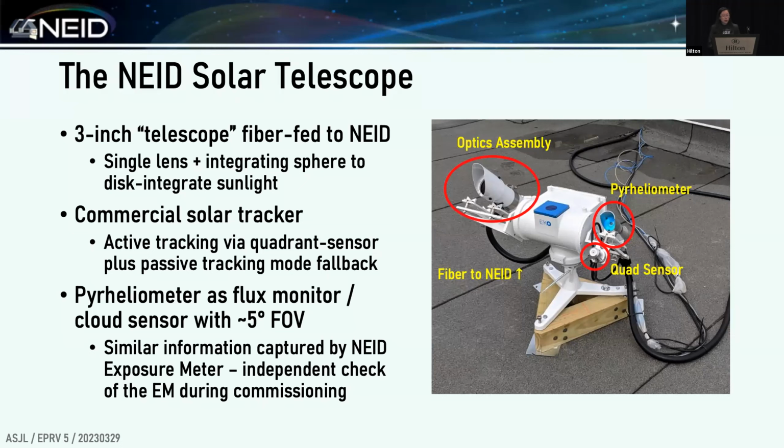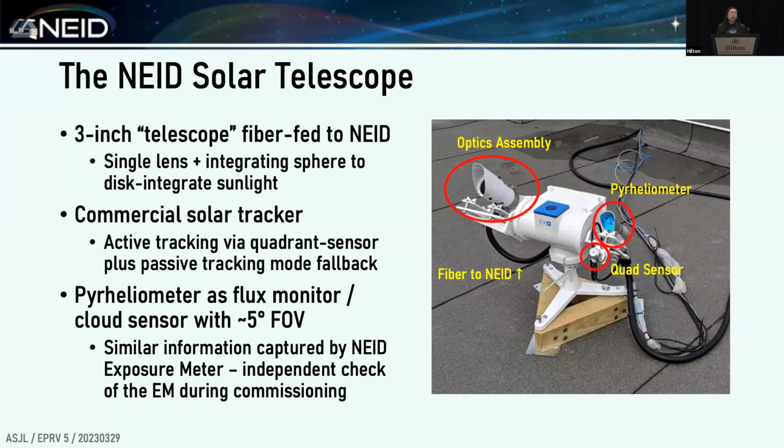And finally, we have this thing called a pyrheliometer. This is a common instrument in photovoltaic science that we basically use as a bolometer cloud sensor. It captures all the light from about 200 nanometers to 2000 in about a 5-degree field of view. So if a cloud comes in front of the sun, we'll see a corresponding drop in flux.